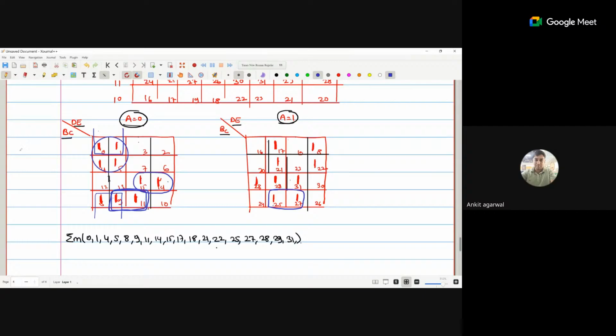Okay. So in the first matrix, all ones will be considered. Now we move to the second matrix. So here are a group of two, a group of four. This group is not overlapping with this one. This group is not overlapping with this one. So this is the overlapping.